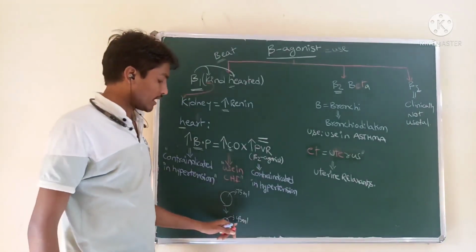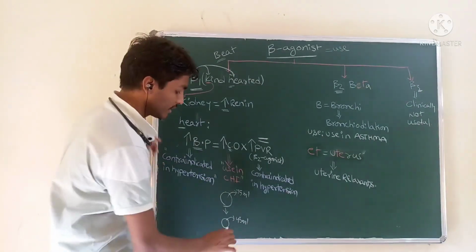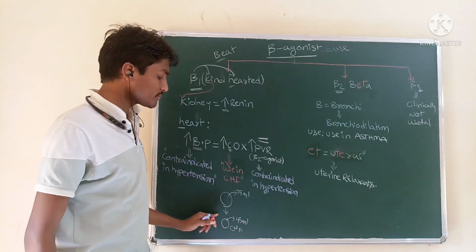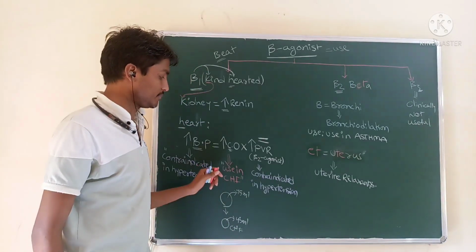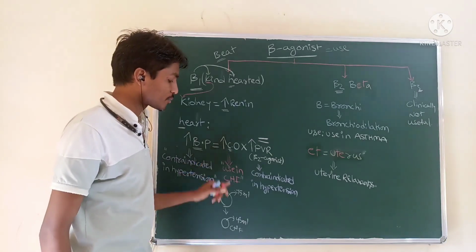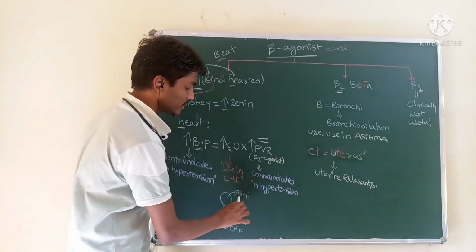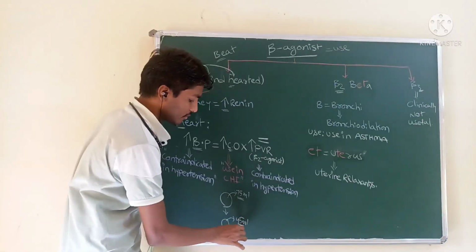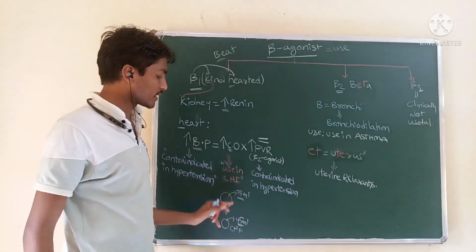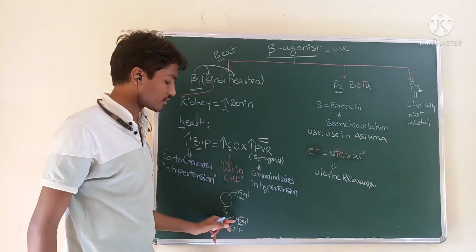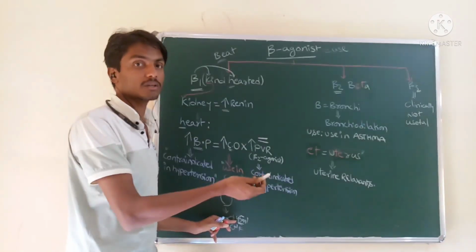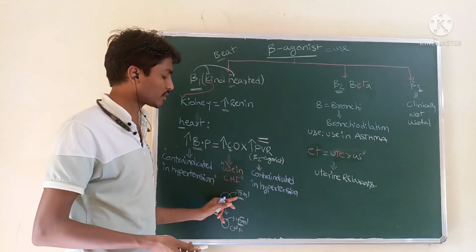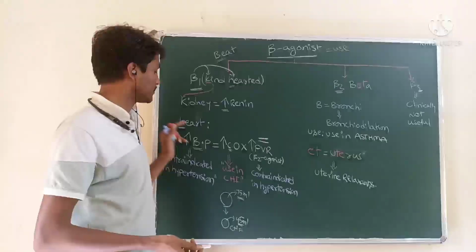So this cardiac output, 75 ml normally, is only 45 ml here. I need to increase this 45 up to 75 by using a beta 1 agonist.